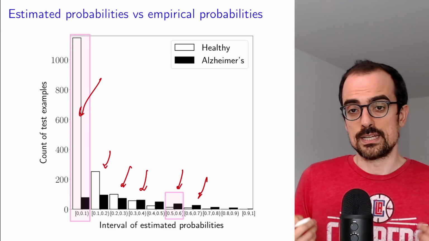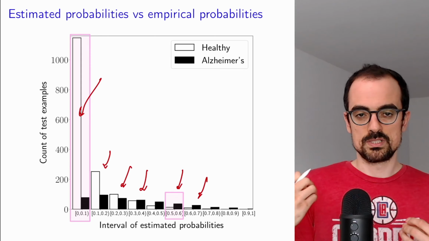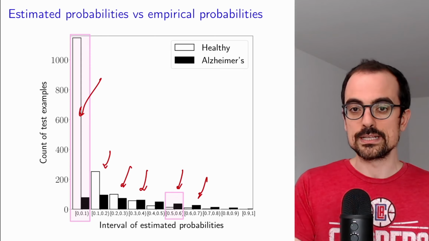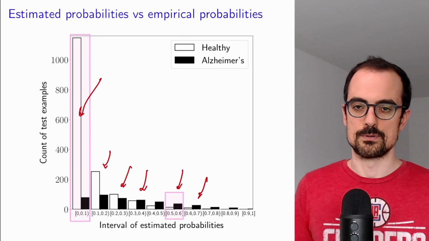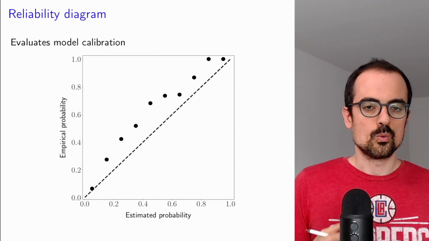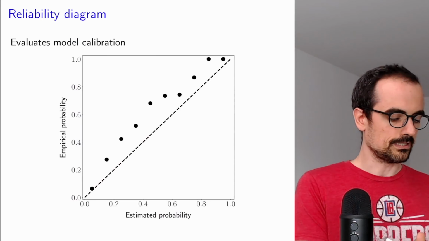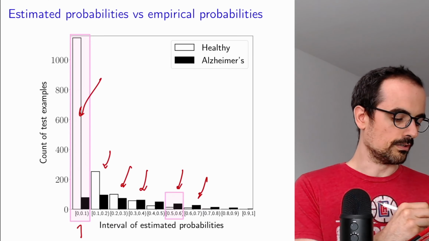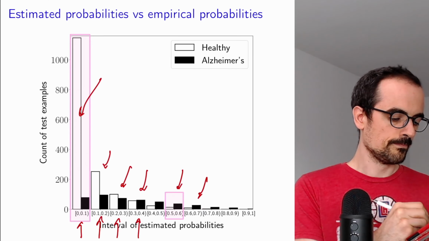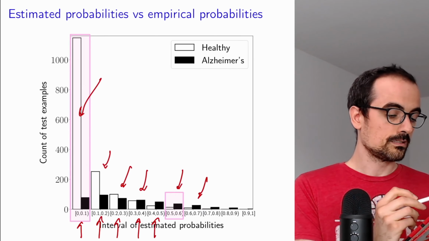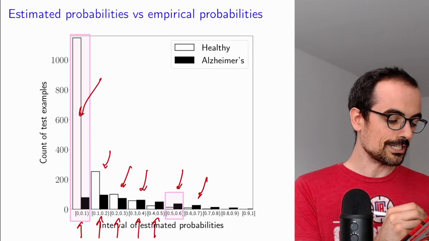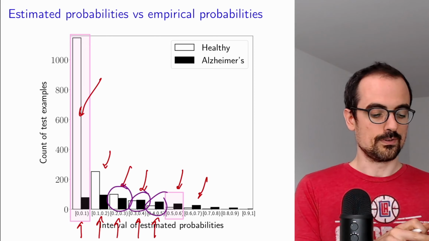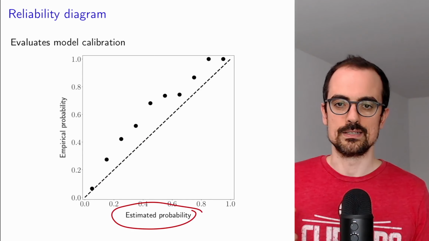And this is great, because then if you see that a point has a probability of 0.8, you know that 80% of such points actually correspond to an Alzheimer's patient. We can plot these estimated probabilities, which, to be clear, are just the midpoints of each of these intervals, against the fraction of Alzheimer's patients that we see in each of these groups. And hopefully they'll be close, and they are relatively close.